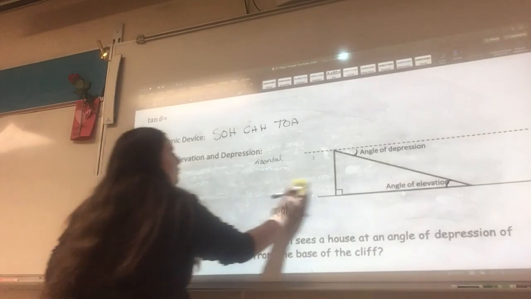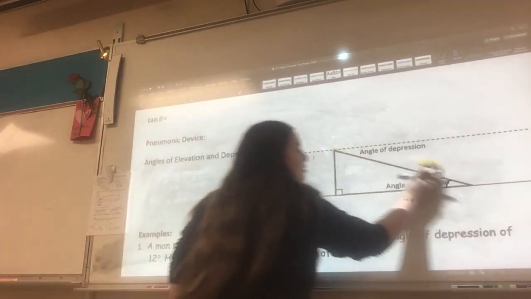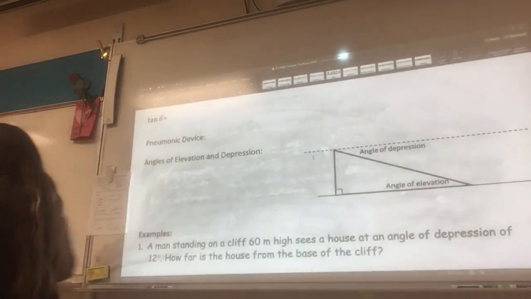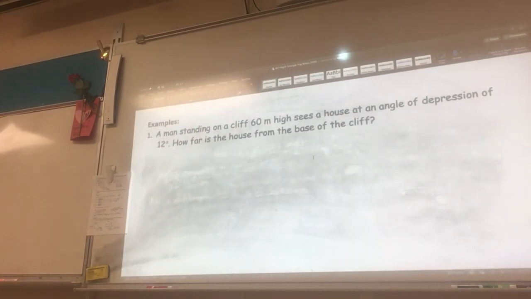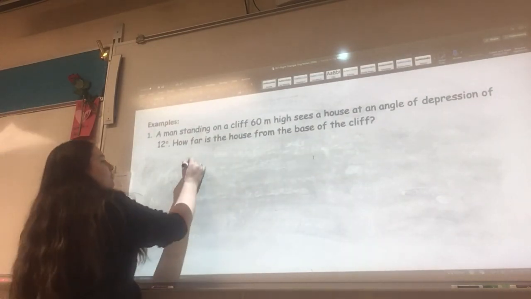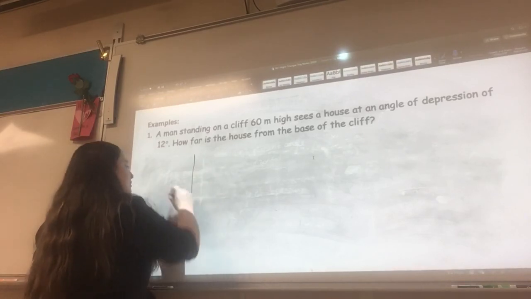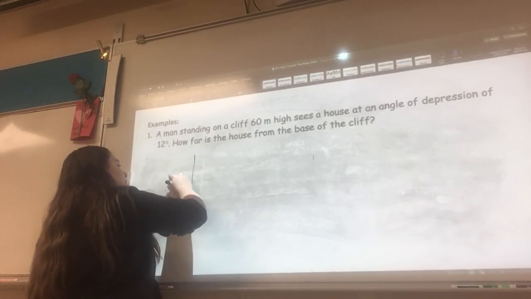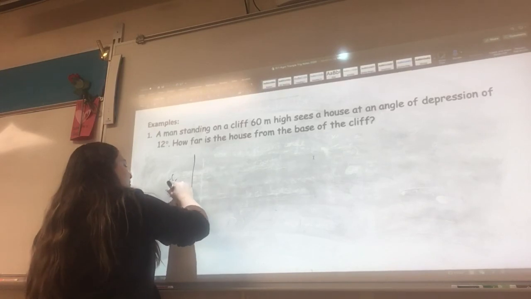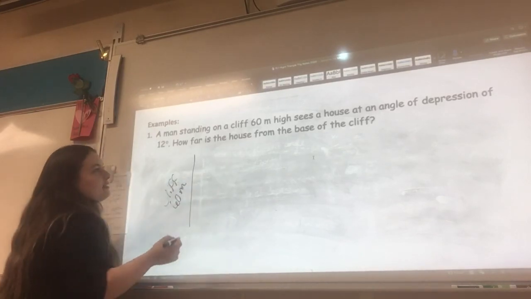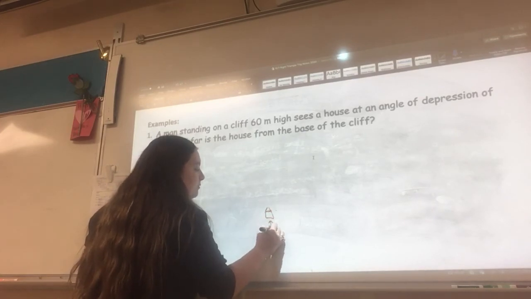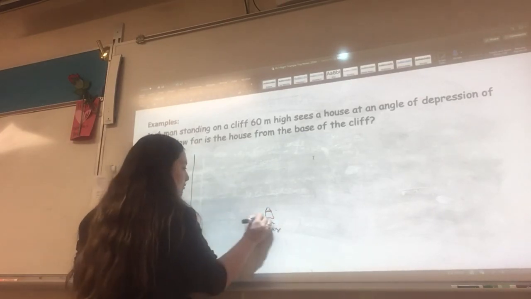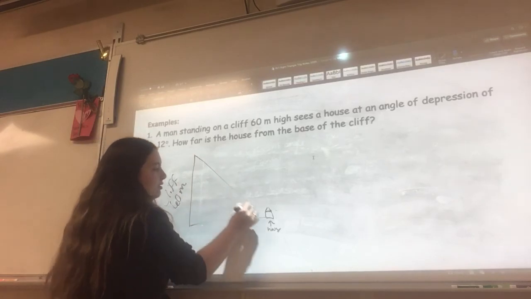So we're going to do 4 examples, trying to get you to remember everything. Hopefully this will help. A man standing on a cliff, this is our cliff, that is 60 meters high, sees a house, here's your house, at an angle of depression.